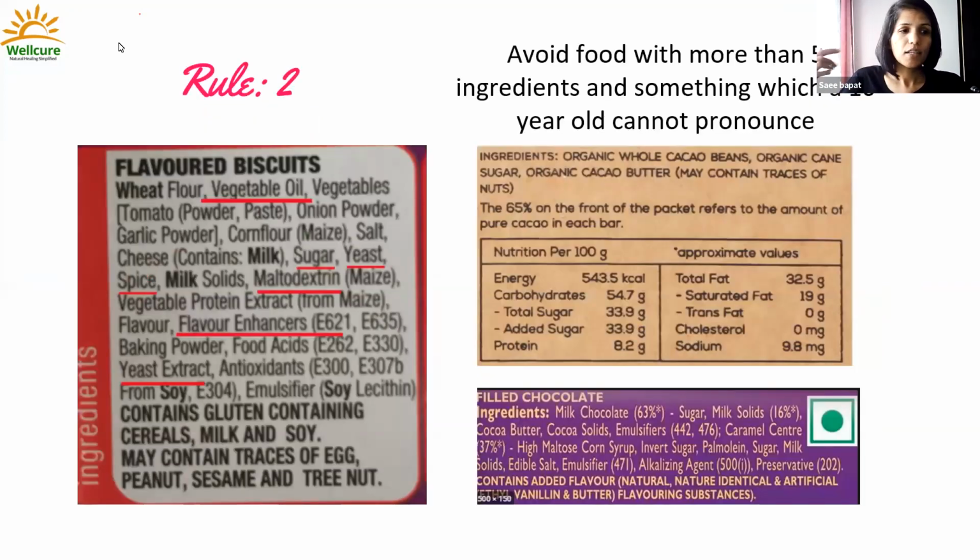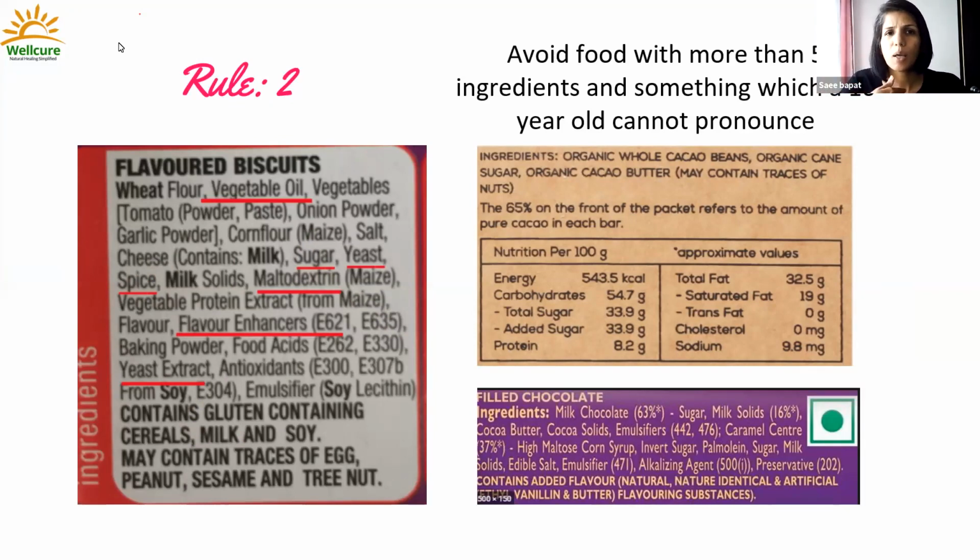Rule number 2. We really have to teach them how to read the ingredients. If the food item has more than 5 ingredients, which a 10-year-old cannot pronounce, you will be surprised yourself if you go through these ingredients, like maize, E621, E635, flavor enhancers, and so many emulsifiers, antioxidants.